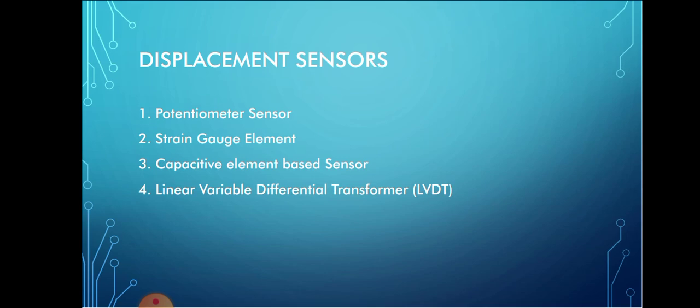So what are the displacement sensors? Potentiometer sensor, strain gauge element, capacitive element based sensor, or linear variable differential transformer. These are the displacement sensors, which produce the displacement of the device.